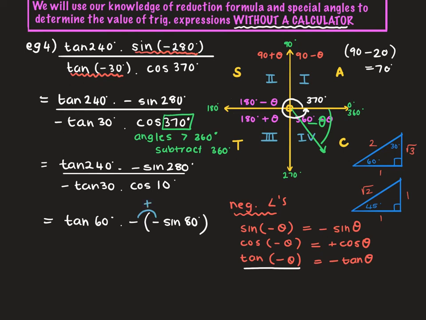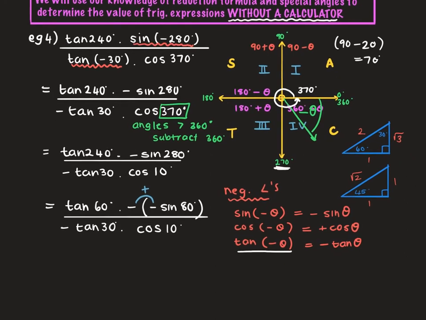If you wanted to, at this step, we could have also used our co-functions idea. And from 270 degrees, we could have said sine 280 is 270 plus 10, and then we could have straight away switched to cos using our co-functions. But I'm just going to keep using the reduction formula. So at the bottom, we already have the acute angle, negative tan 30, and cos of 10, the angle is also acute. So I don't need to simplify those any further.